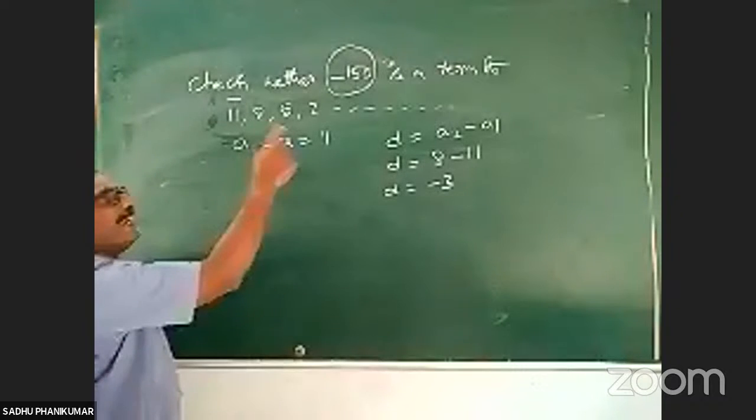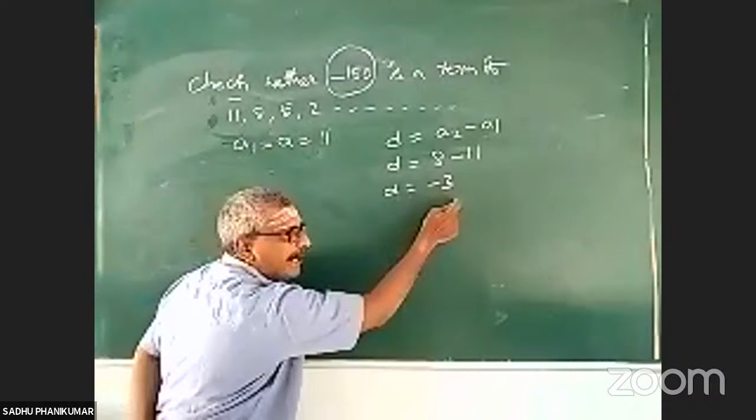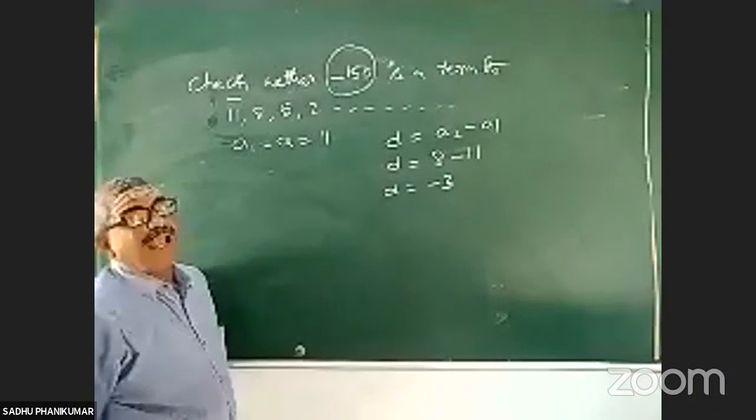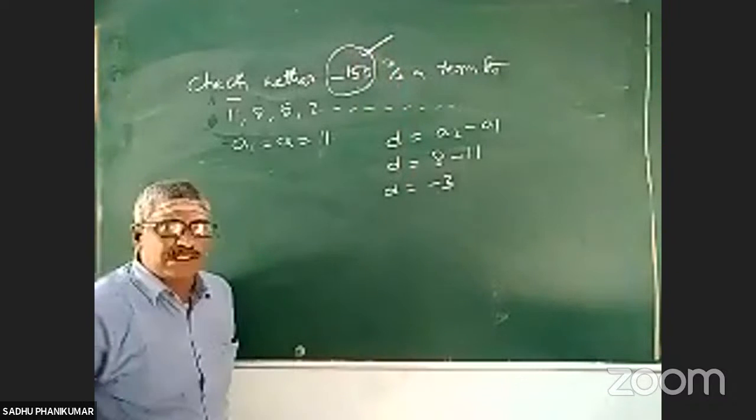Now we have the first term value with us and also the D value, the common difference. Now we have to check whether minus 150 is a term in this progression or not.